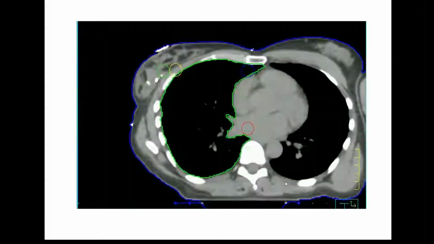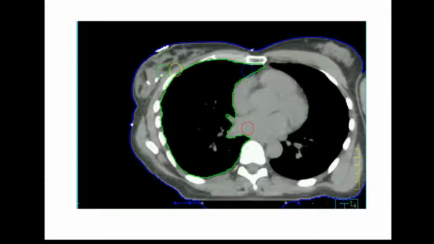Where clips are present, but the target is difficult to delineate on CT scan. Next slide. And there you see on the right breast some clips, but just a lot of parenchymal imaging in the CT scan of the breast.